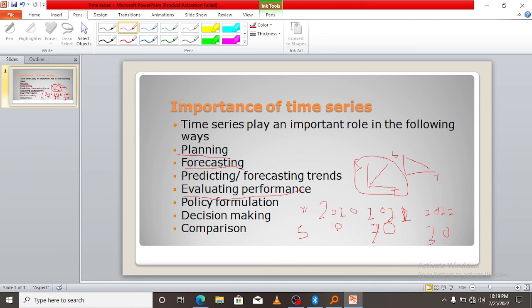For example, after calculating the gross domestic product, the total monetary value of goods and services produced within the boundaries of an economy in a given period of 1 year, they can say in 2022 the GDP was this, in 2023 the GDP is this. So they can base on that and form policies.